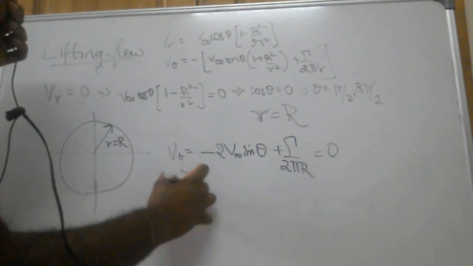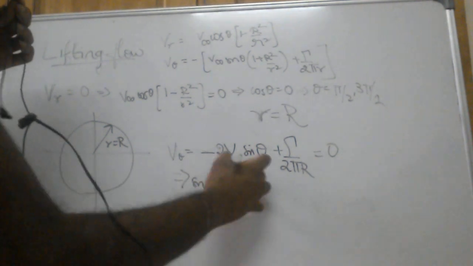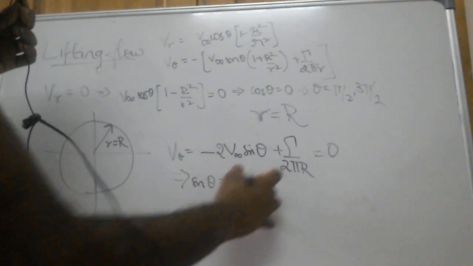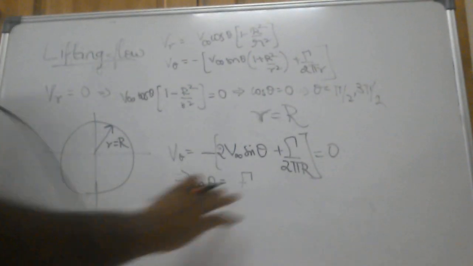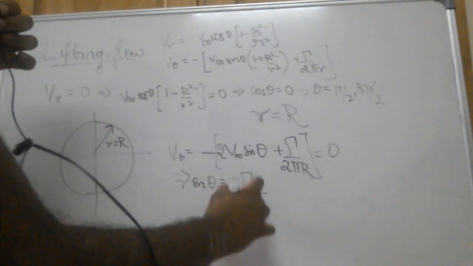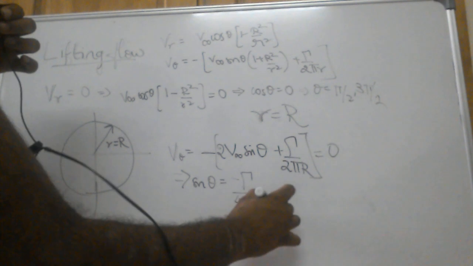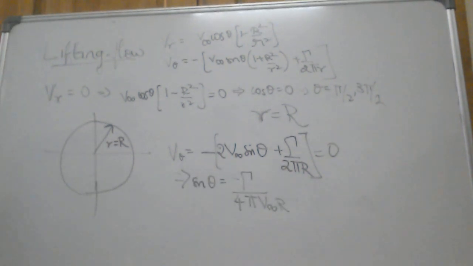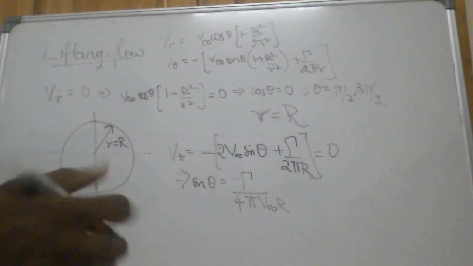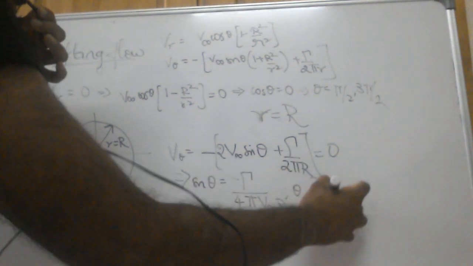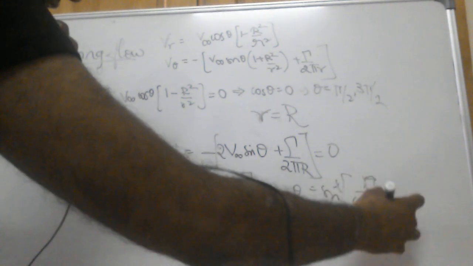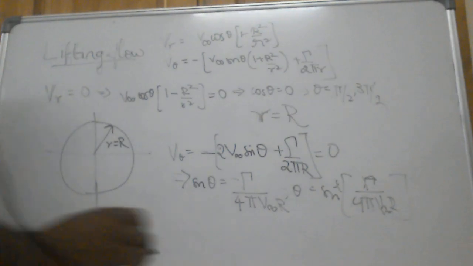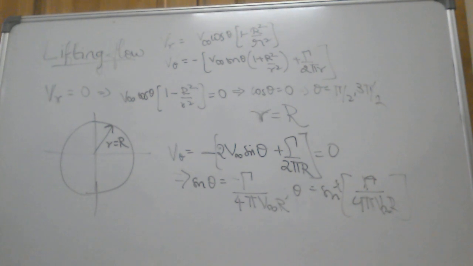And from here we get sine theta is equal to gamma by 4 pi V infinity R, right? So theta is therefore sine inverse of gamma by 4 pi V infinity into R. So let's look at what this means.